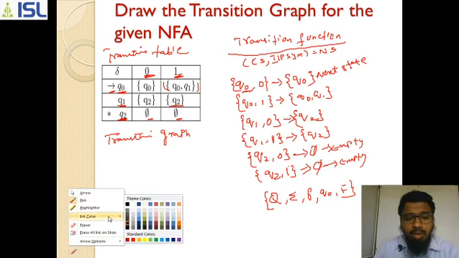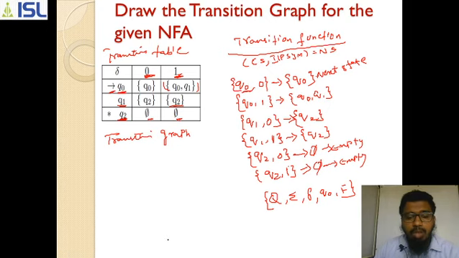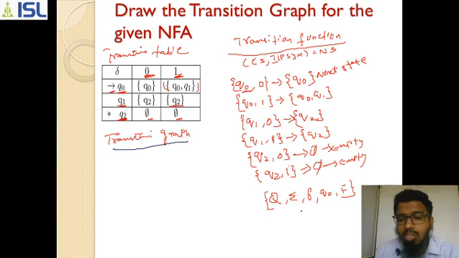Transition graph: now we need to make it. So what is Q here? Q is Q0, Q1, Q2.